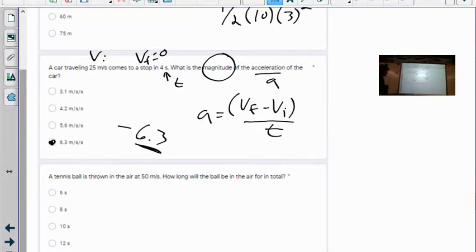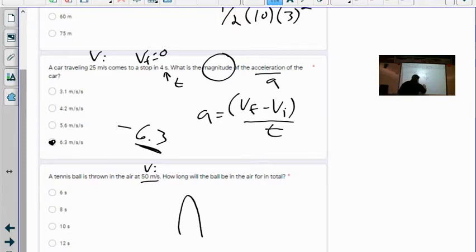A tennis ball is thrown in the air at 50 meters per second. That's its initial velocity. How long will the ball be in the air for? For this one, it's going up and it's coming down. So actually, I switched this.